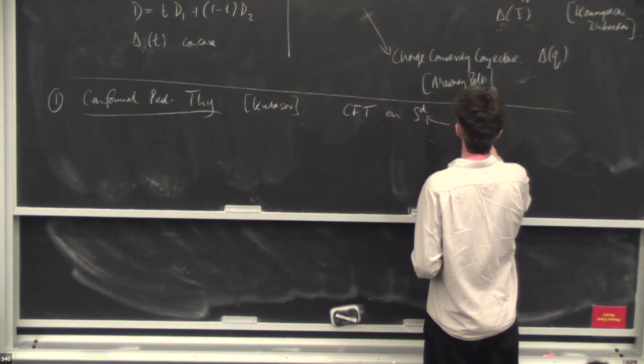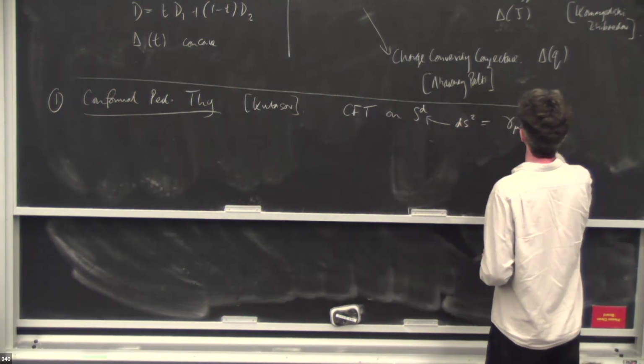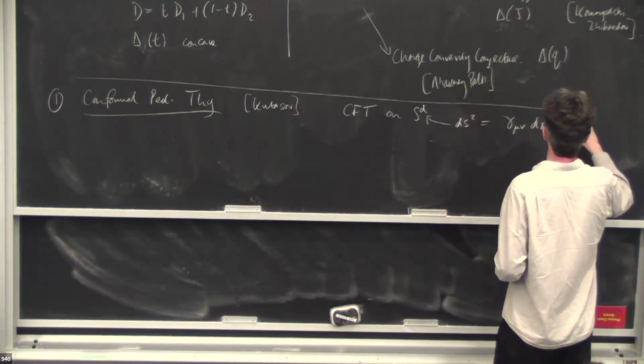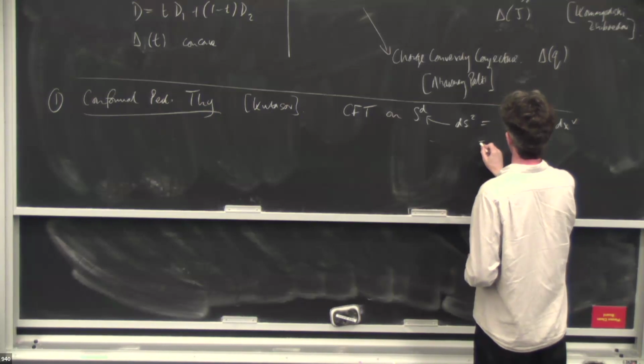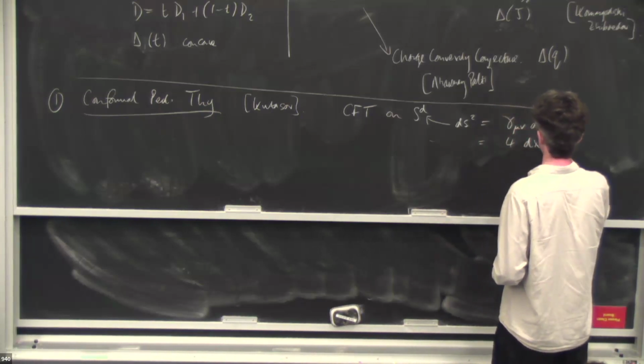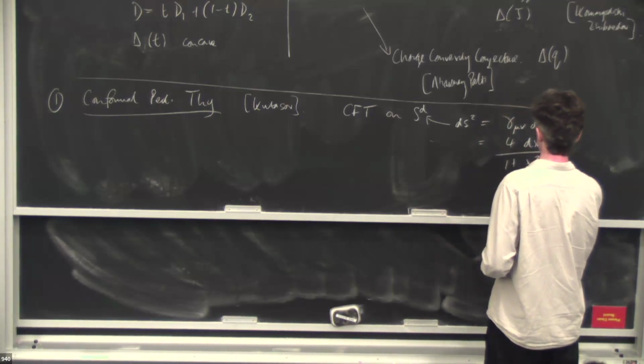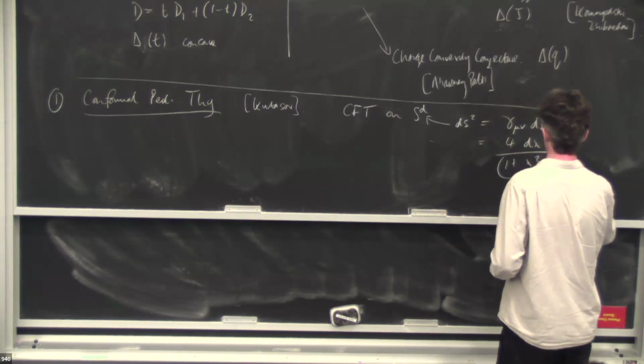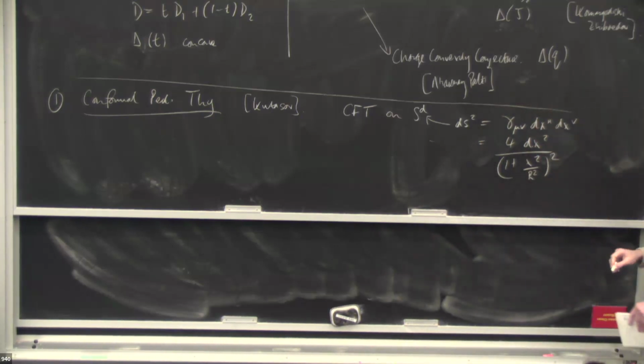I can use stereographic coordinates, with metric dx squared over (1 plus x squared over r squared) squared, where r is the radius of the sphere. These are nice because I can basically do computations in the plane.